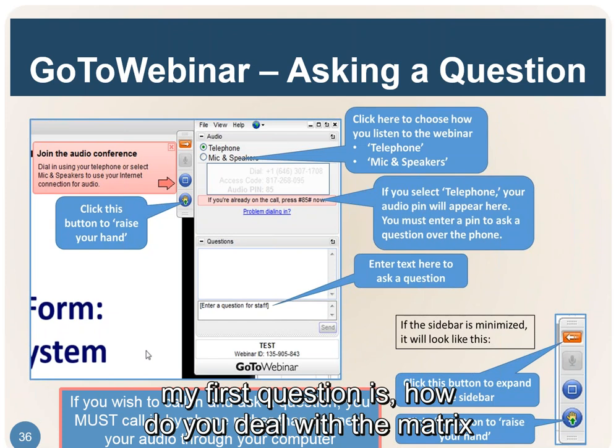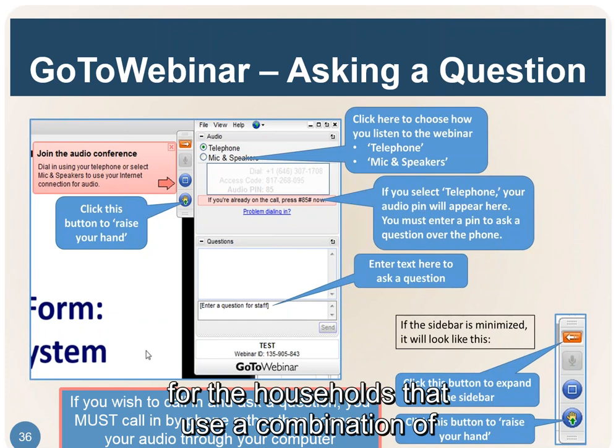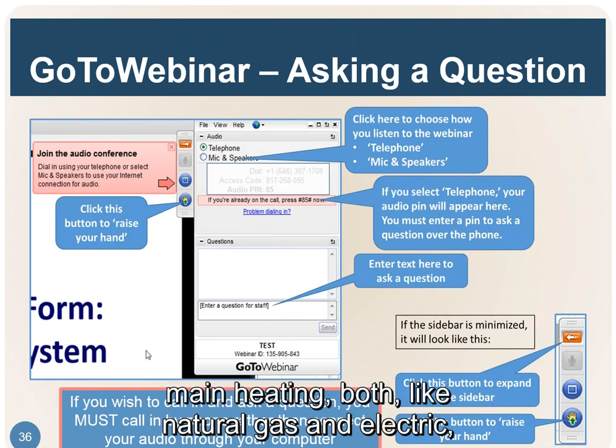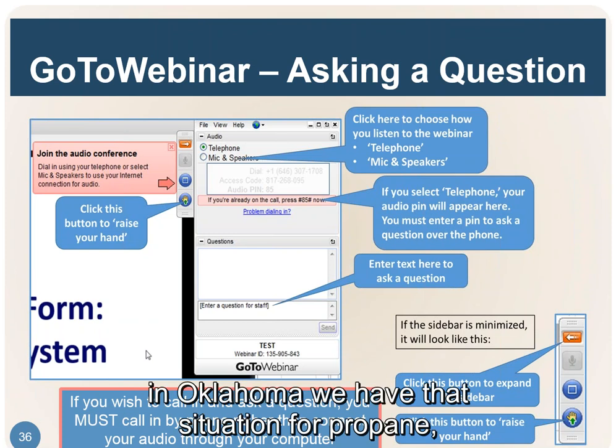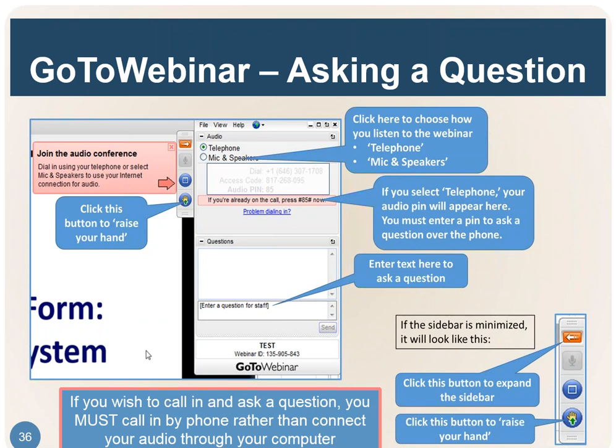My first question is, how do you deal with the matrix for the households that use a combination of main heating, both like natural gas and electric? In Oklahoma, we have that situation, or propane with electric to heat their house.